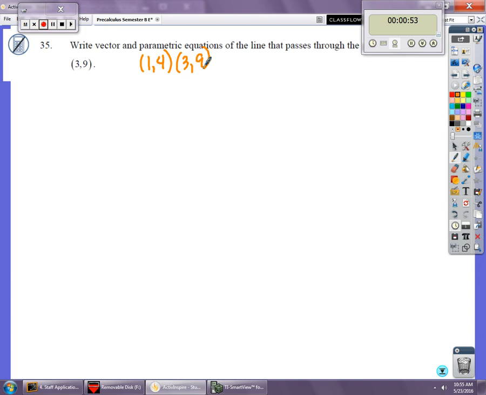The first thing we're going to need to do is find our component form of these vectors, because we're going to need that no matter what we do. Component form, if you recall, is x2 minus x1, and then y2 minus y1. It's a fancy way of saying, how is this traveling horizontally and how is it traveling vertically?